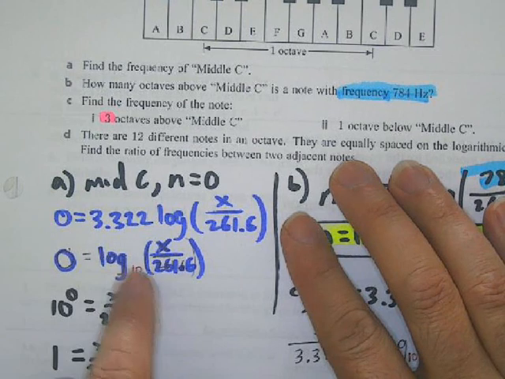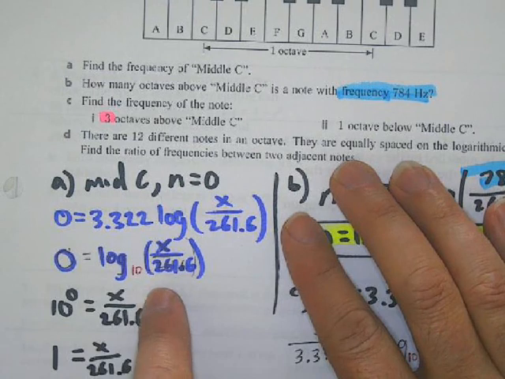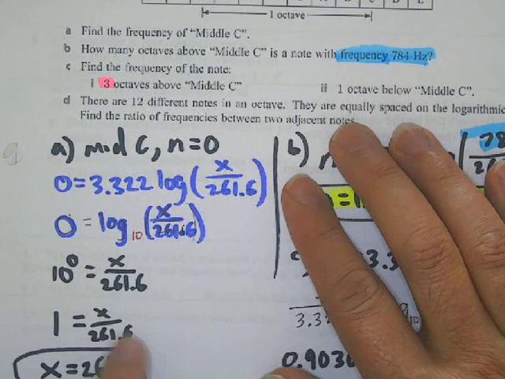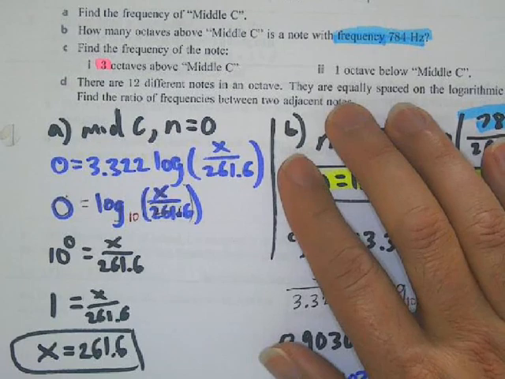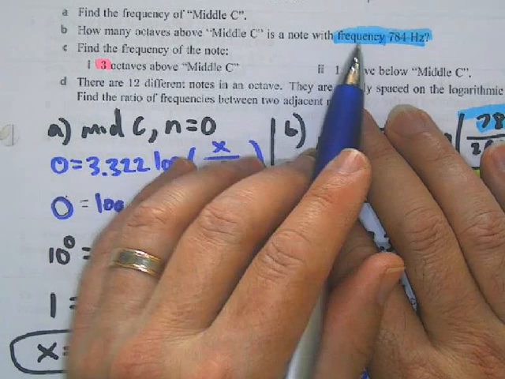We know that 10 to the power of 0 is going to equal this if I convert it to exponential form. And then anything to the 0 is 1, and then I can cross multiply, and I've got my x value.